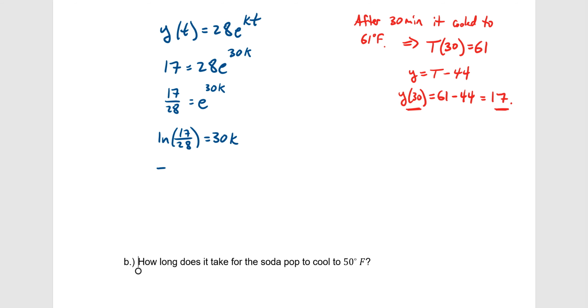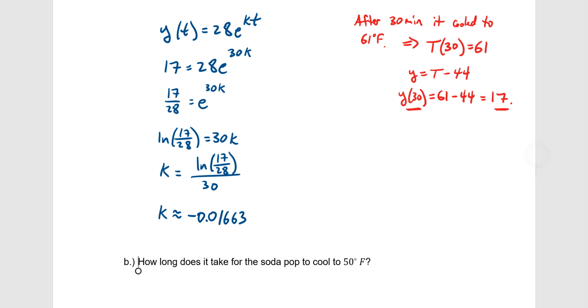Divide both sides by 30. That gives us ln of 17 over 28, over 30. And plugging that into the calculator, it's approximately negative 0.01663.